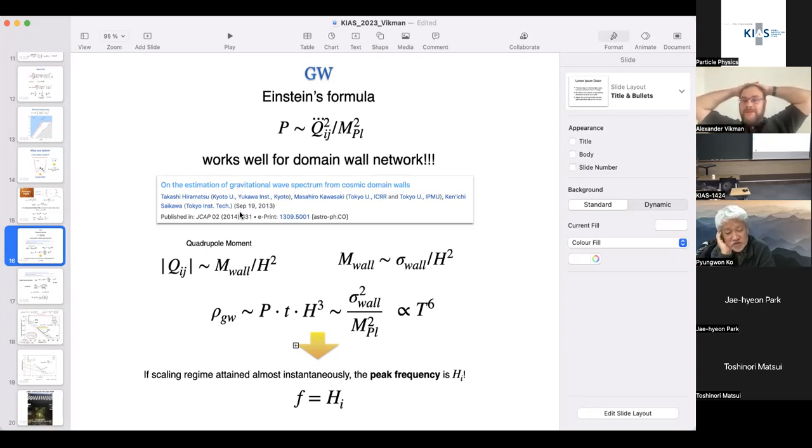But with strings, it's a very complicated business. I'm not a specialist at all, but as far as I remember, it's really hard because people are discussing what happens with different types of reconnections and cusps and kinks and God knows what. I wish I could visualize better how it works.